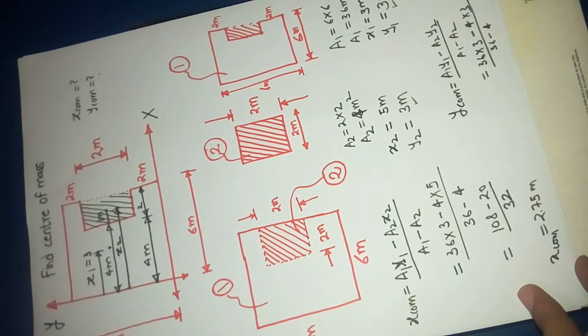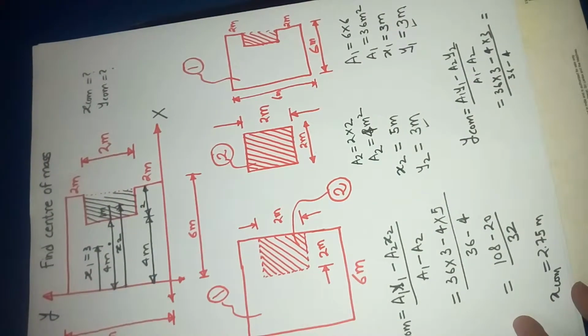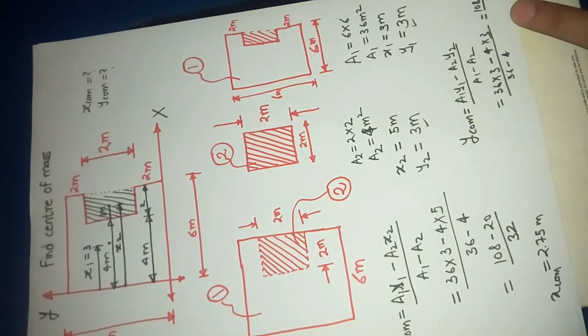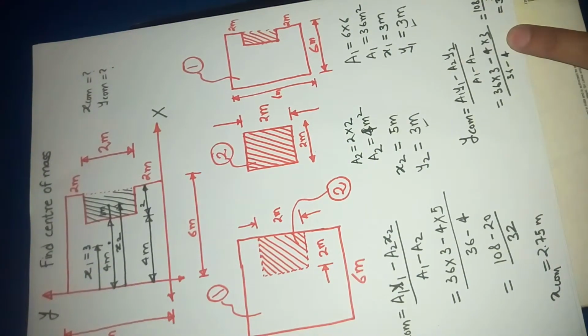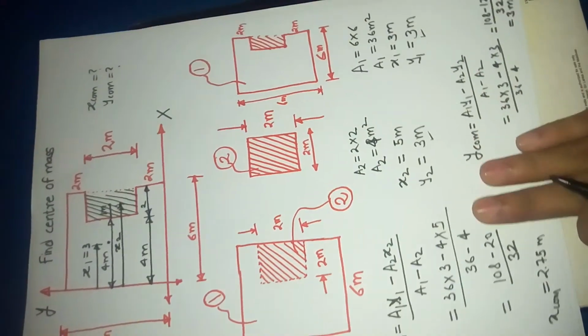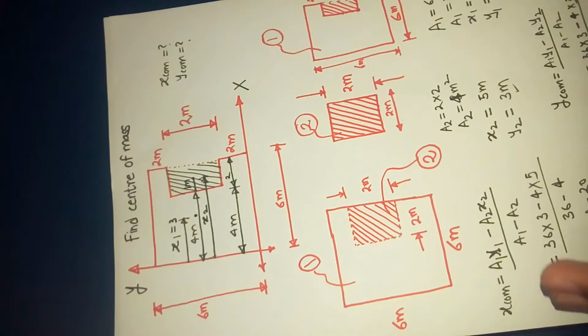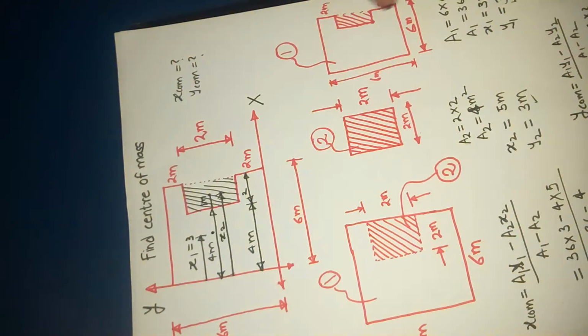When you solve it, here it becomes 108 minus 12 divided by 32, and it will come 3 meters. So we have calculated the center of mass for this figure.